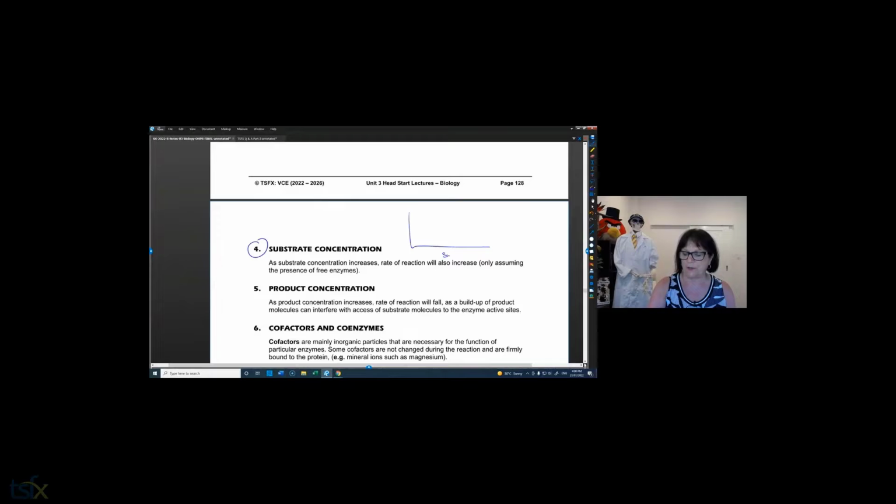The more substrate you have, the more molecules, the more collisions, the faster the reaction. But there will come a time when the active sites are all working at maximum. So it doesn't matter how much substrate you have, the enzyme can't work any faster than it's working.